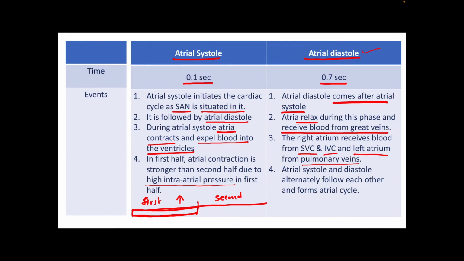Now this atrial systole and diastole, they alternately follow each other and form the atrial cycle. So atrial systole, after that atrial diastole, again atrial systole will start. Okay, so this is about the atrial events. Now next are the ventricular events.